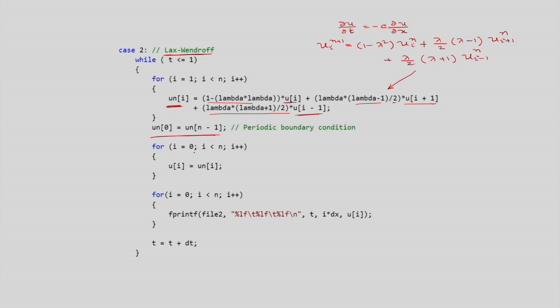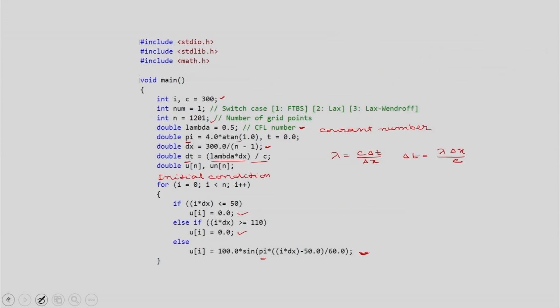Then we have saved u_i^n equal to u_i^(n+1), because it will be used in the next time level, and we have saved it in the file. We are just increasing the time with t equal to t plus Δt, and t should be 0 before starting the program. You can see here we have written t equal to 0.